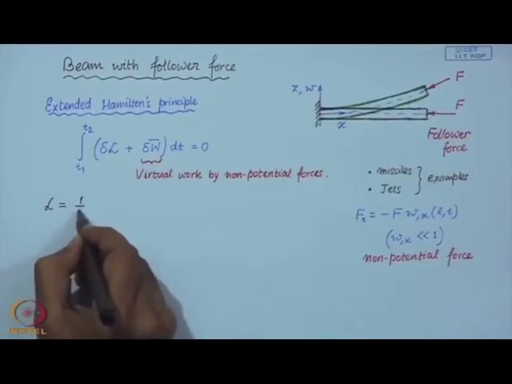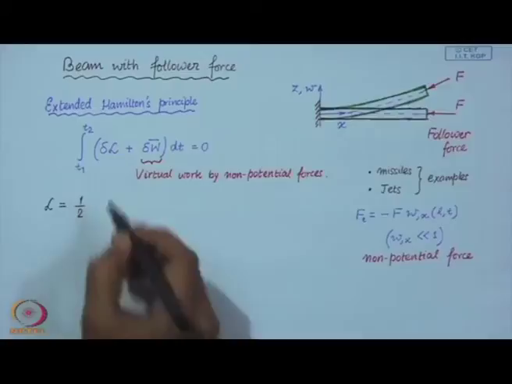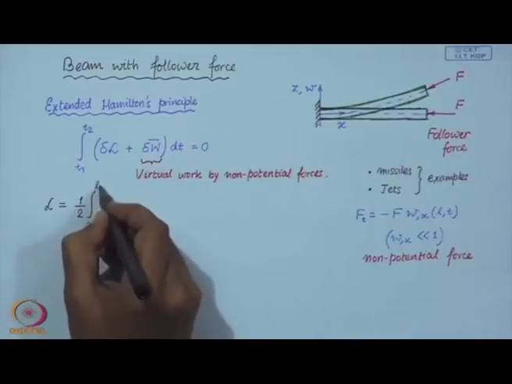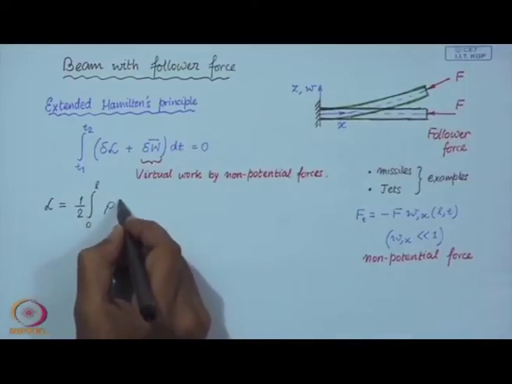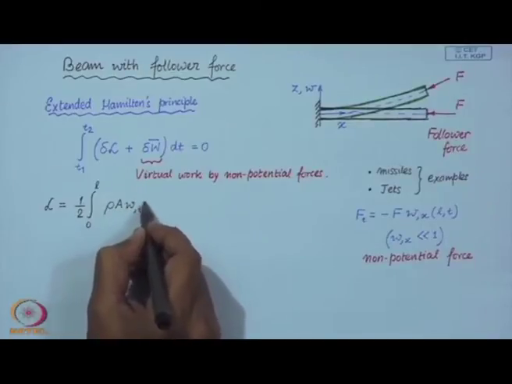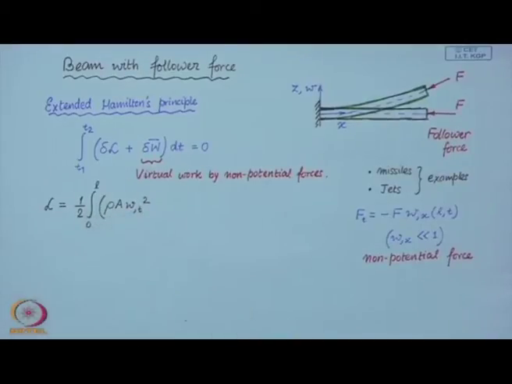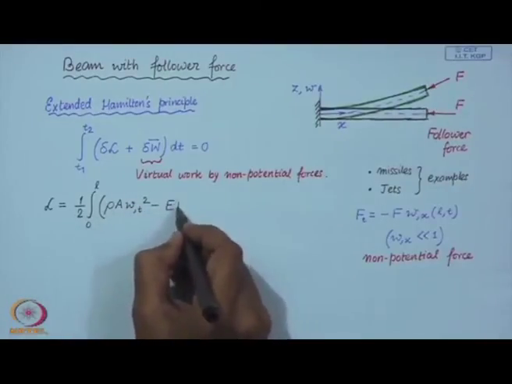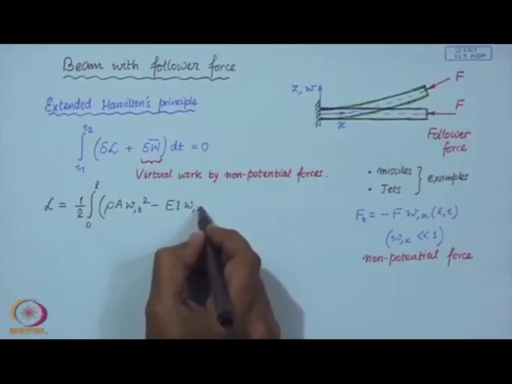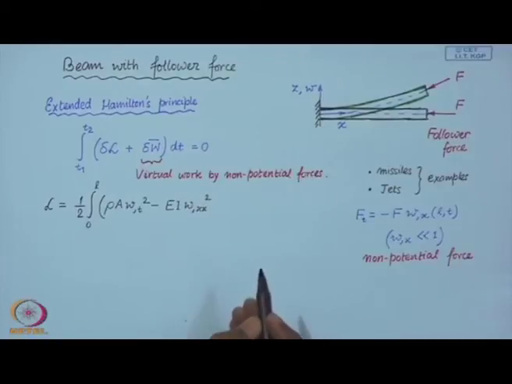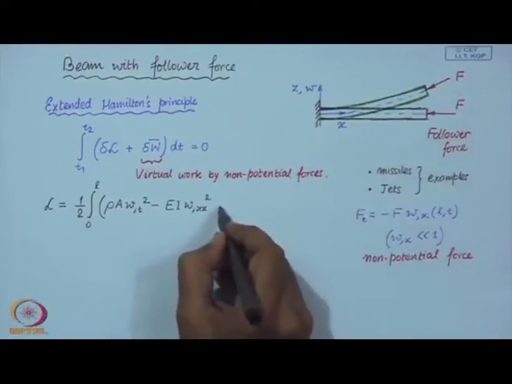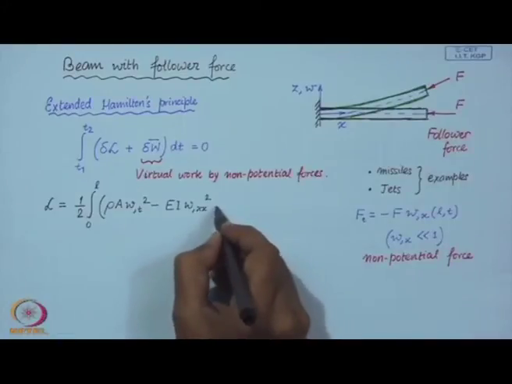So, we have the kinetic minus potential energies: that comes from the kinetic energy of a beam element minus the potential energy due to flexure, and then there is a potential energy because of this axial force, because of axial straining.